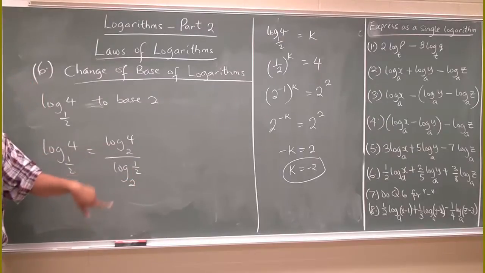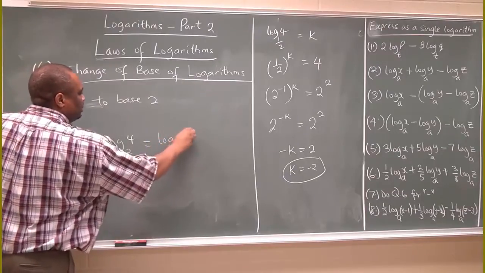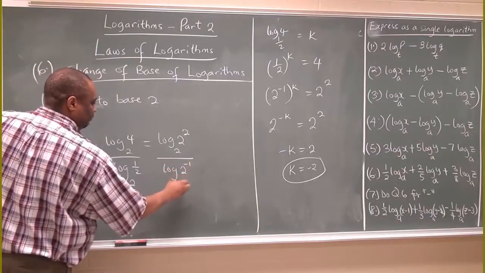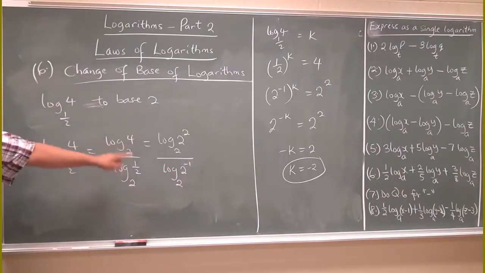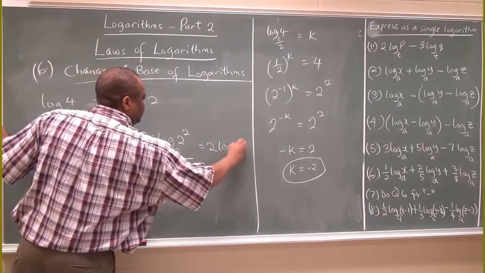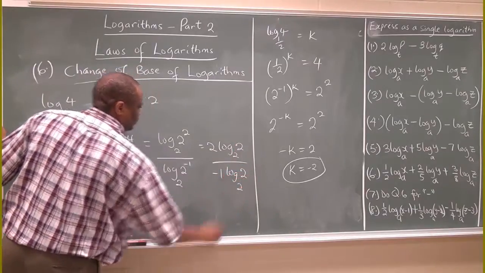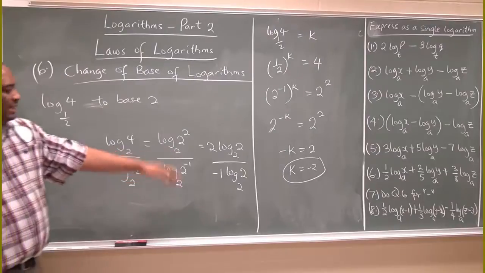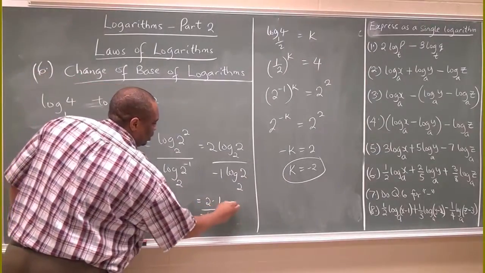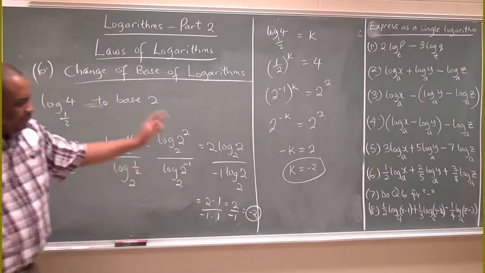Okay, you've changed it to base 2 now. And that will give you log 2 raised to power 2 base 2 all over log 2 raised to power -1 base 2. You see that? So that will give you 2 log 2 base 2 all over -1 log 2 base 2. So you kind of see that this is now 2 times 1 over -1 times 1, which is 2 over -1, which will give you -2. -2, the same thing.